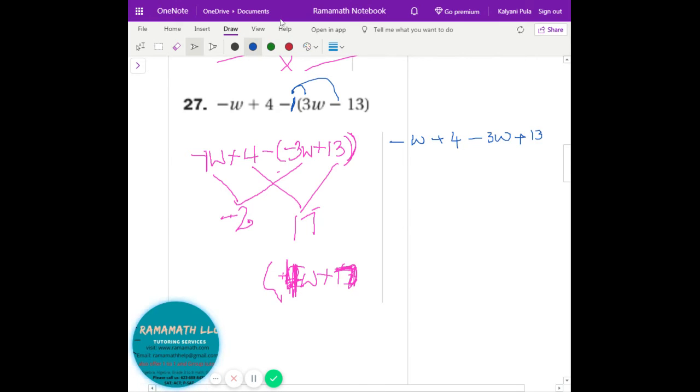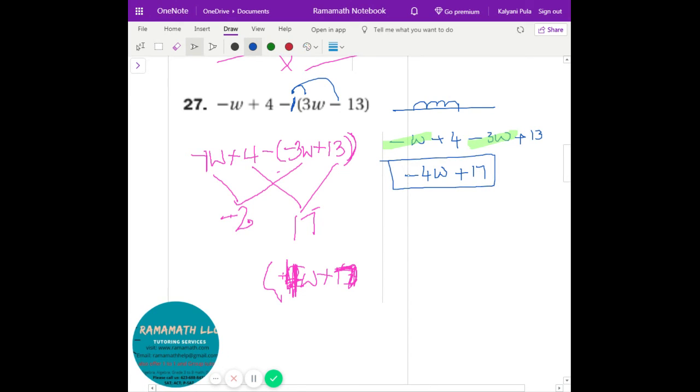Good. Now let's look into the like terms here. Negative w and then negative 3w. You owe $3, and then you borrow $1 more. So now you owe $4. Just like on the number line, you have a -3, and then you have a -1 more. So you get -4w. And then 4 plus 13, that is 17.